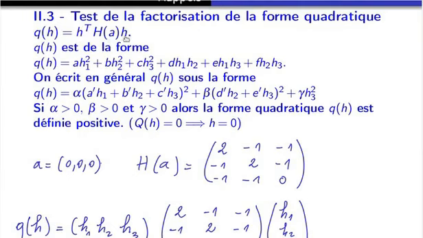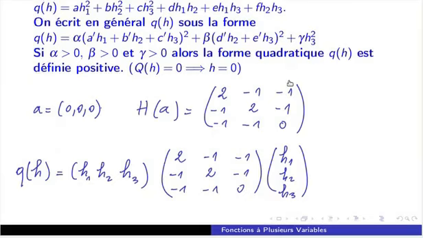So in general, the calculation of this quadratic form is written in this form: a term in h1 squared, a term in h2 squared, a term in h3 squared, and the cross products. In general, we try to write it in the form of a constant times a square involving h1, h2, h3, plus a constant times a square involving h2, h3, plus a term in h3 squared.